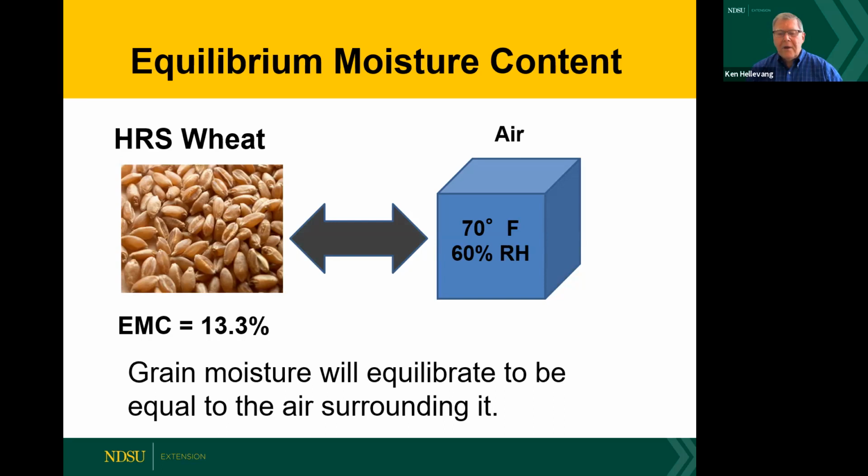And if we are working with hard red spring wheat and leave that air surrounding the kernels, they will come to an equilibrium at about 13.3% moisture. So we call that the equilibrium moisture content of 13.3%. And we use that then to determine what moisture content the grain needs to be at in order to keep that relative humidity under the 70% that is going to permit mold growth.